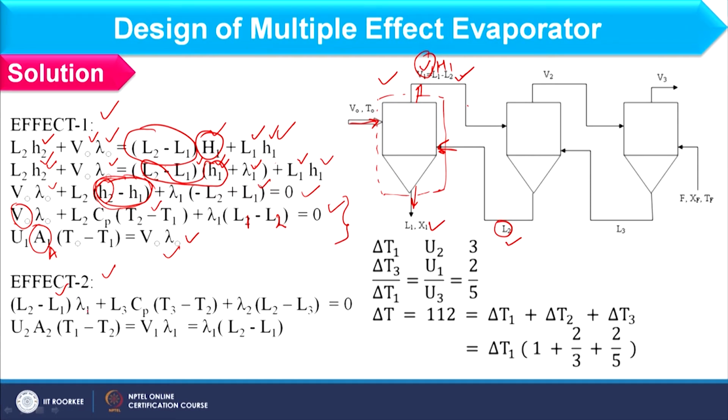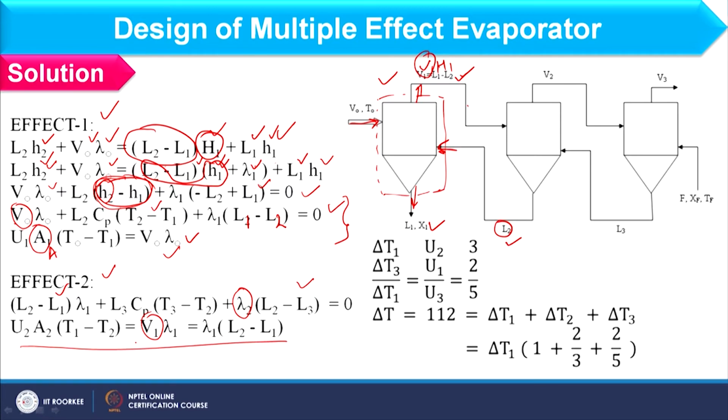So, L2 minus L1 lambda 1 plus L3 Cp T3 minus T2, because L3 is the feed to this, and similarly I am having lambda 2 L2 minus L3, right. And that should be equal to 0, and this is the rate equation, okay, where I have to consider L2 minus L1 at the place of V1, right.